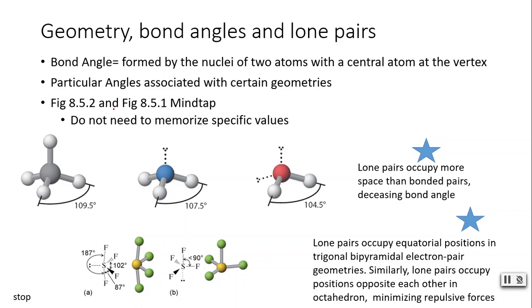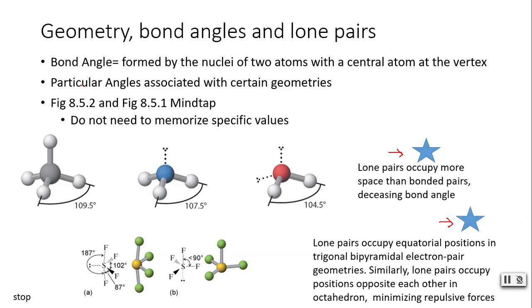But for this chapter, with regards to bond angles with particular molecular geometries, what you need to memorize are these two starred concepts. And really, the first one is the most important: you may have a molecule that has four electron groups, but depending upon what those electron groups are, lone pairs take up more space.